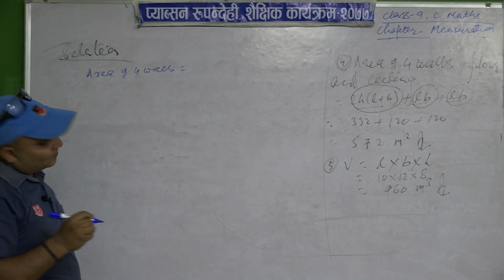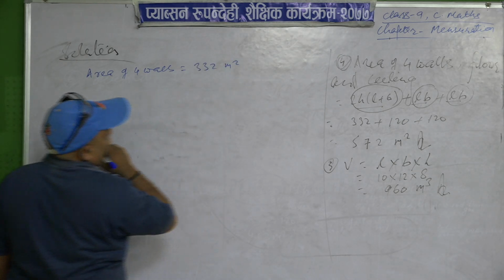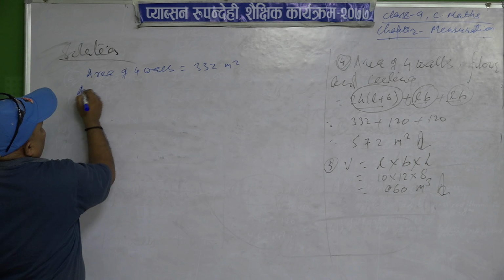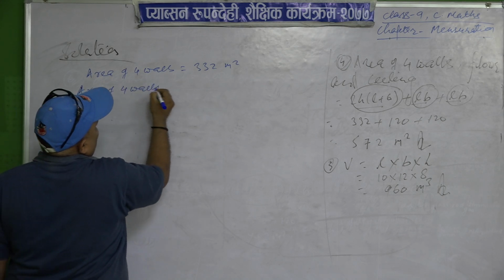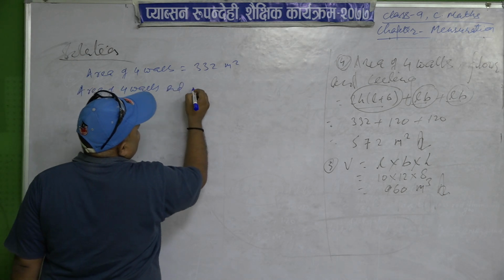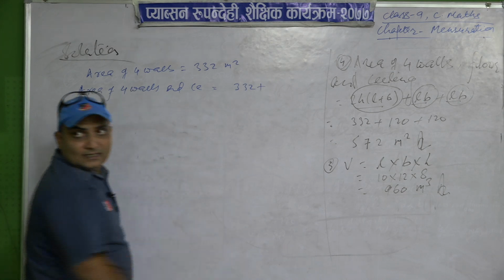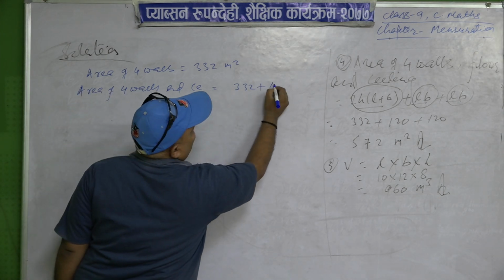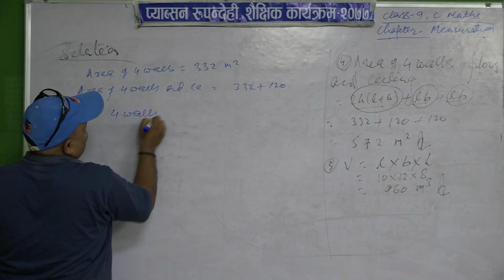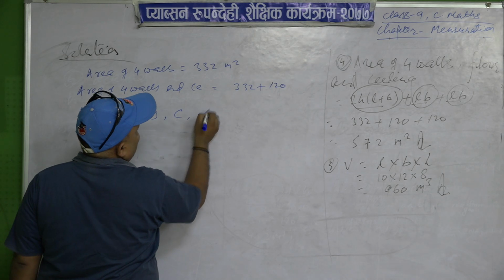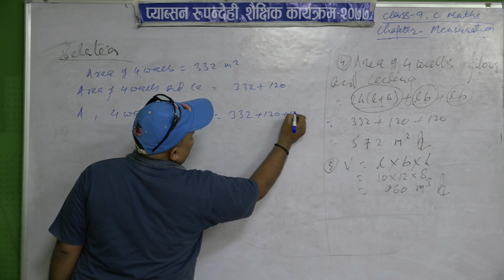Area of 4 walls is equal to 332 meter square, and then the area of 4 walls and ceiling, 332 plus 120. Area of 4 walls, ceiling and floor is equal to 332 plus 120 plus 120 we have got.